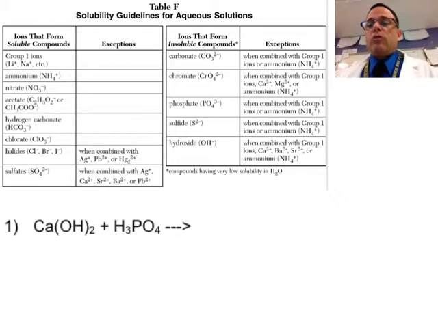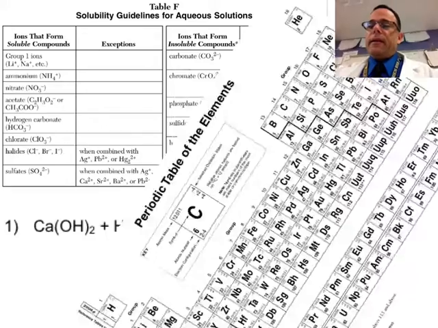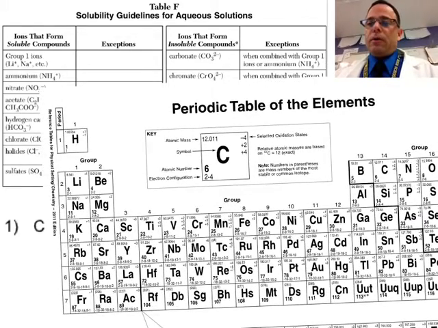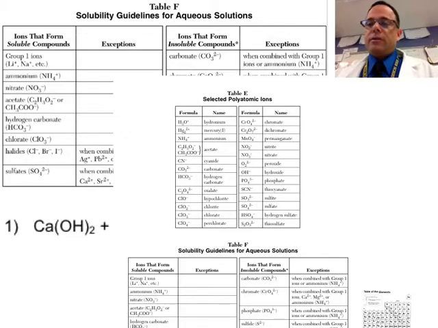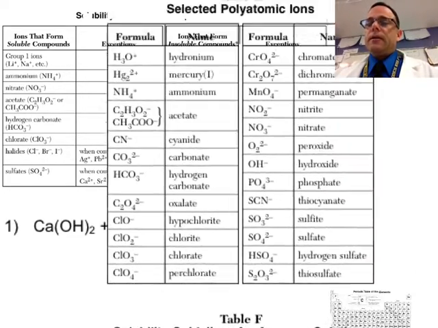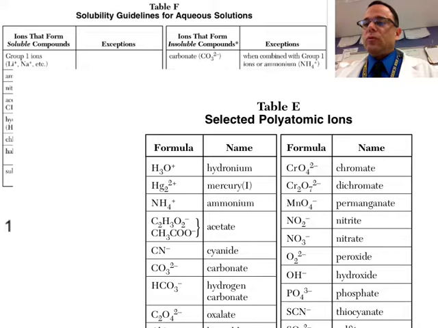So let's go ahead and try a few of these and inspect this reactant side of an equation. Here we have calcium hydroxide. Now, is that soluble in water? Calcium, so that we are aware, is in group 2 right here. So if that is mentioned, we need to know that. And hydroxide, which is OH, is right here.